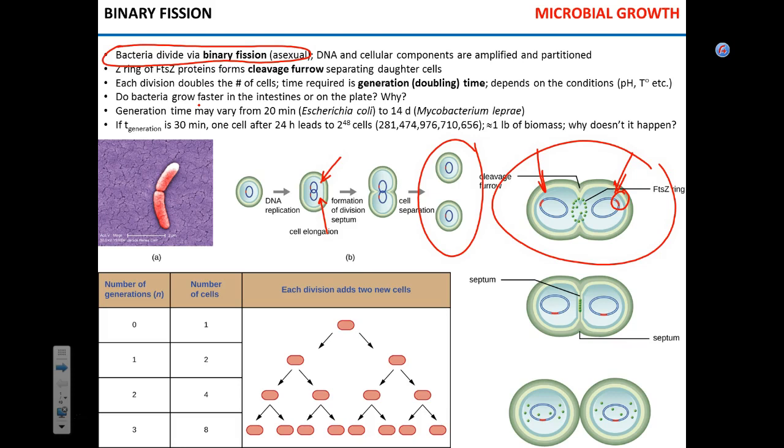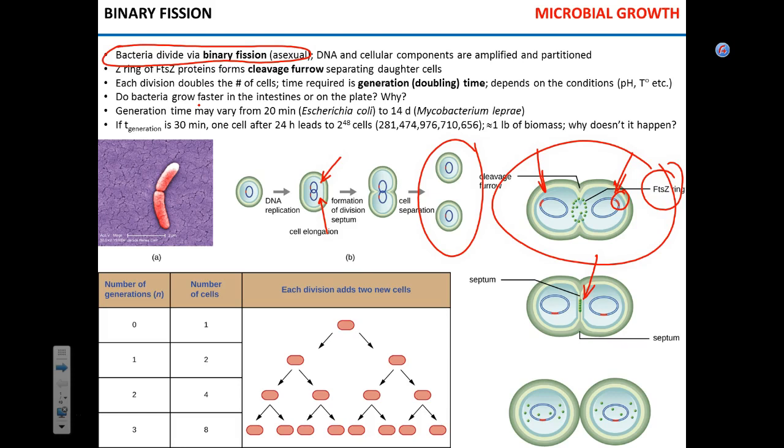When chromosomes are properly oriented inside of the dividing cell, a special protein called FtsZ forms a septum. Structurally, FtsZ is somewhat similar to a human protein called actin, a protein that forms microfilaments in the human cell.